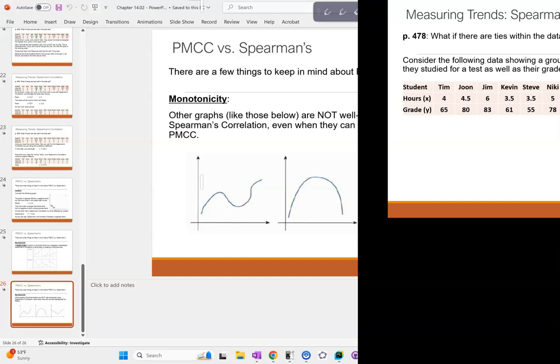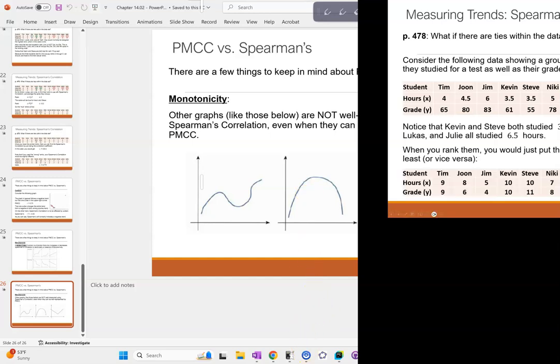So I go from 2 to 5 for 6 because it's the 5th number I've ranked. And then 5.5 would be 6, 5 would be 7, 4.5 would be 8, 4 would be 9, and then 3.5 is our 10th value. So those would both be 10s. Everybody's okay with that?